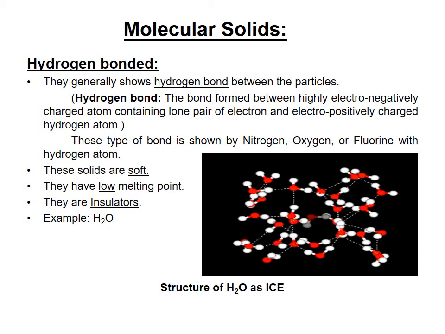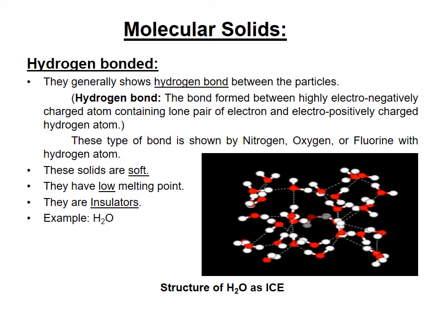The third type of molecular solid is hydrogen bonded molecular solids. These solids generally show hydrogen bond between the atoms. What is meant by hydrogen bond?